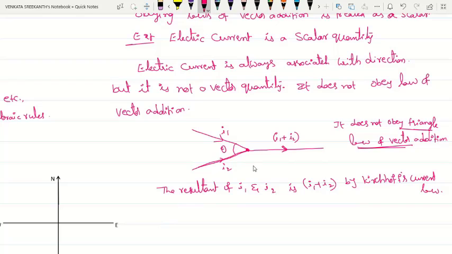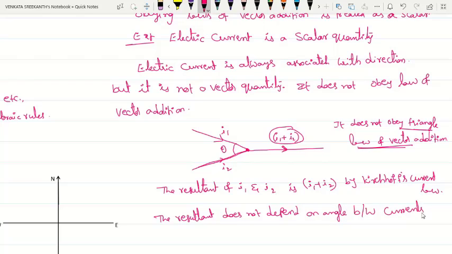So the resultant does not depend on the angle between I1 and I2. Whatever resultant we got, it does not depend on the angle between the currents I1 and I2.